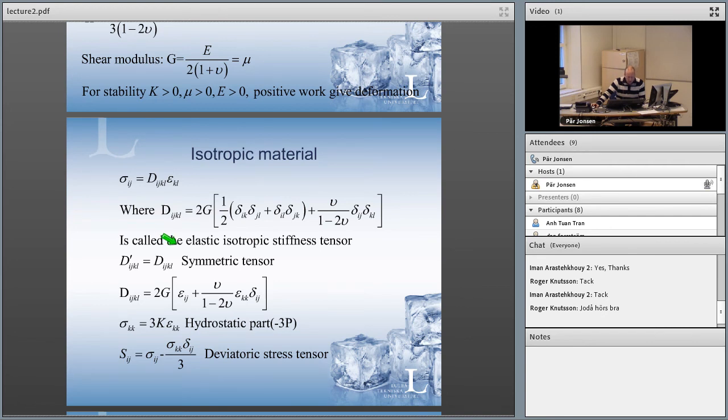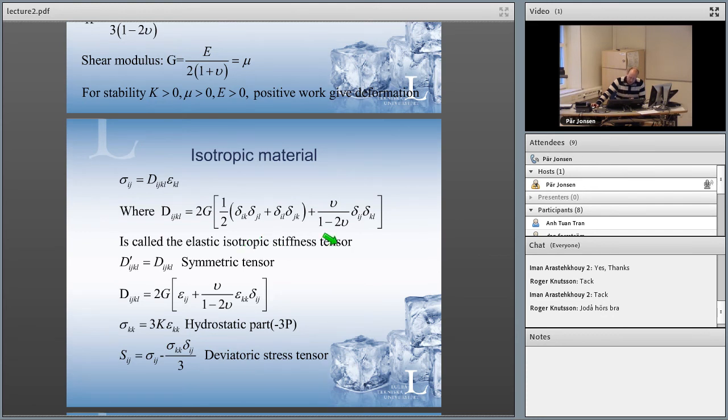Usually you see this in books, for example, that you have the stiffness tensor. You put 2 times the shear modulus, and this relation you remember from the derivation we did before when we rewrite the tensor, but with the Kronecker delta mathematics here. You also put in this Poisson ratio like this, and also with Kronecker delta.